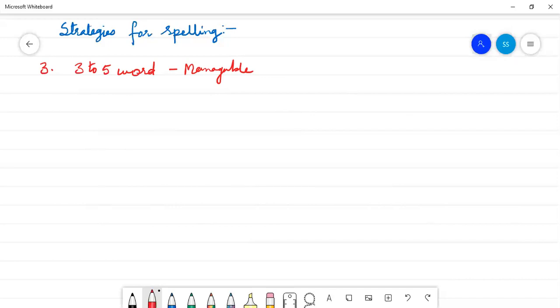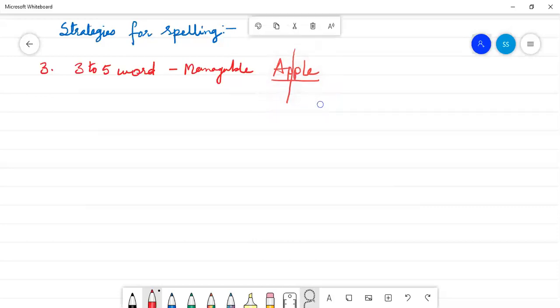That means, for example, A P P L E. This is a 5 letter word. So you can take this kind of word which the child will easily manage, and you can ask the child to break in between, most of the time at 3 letters.